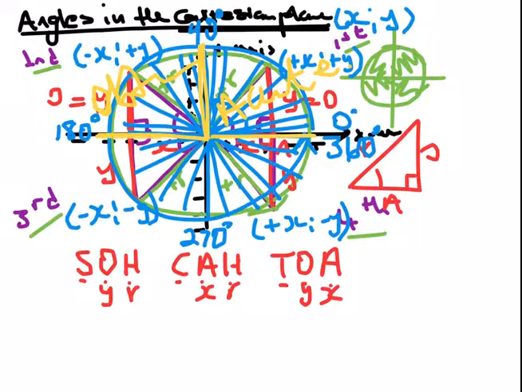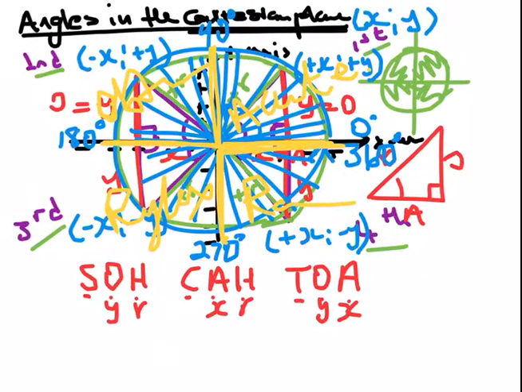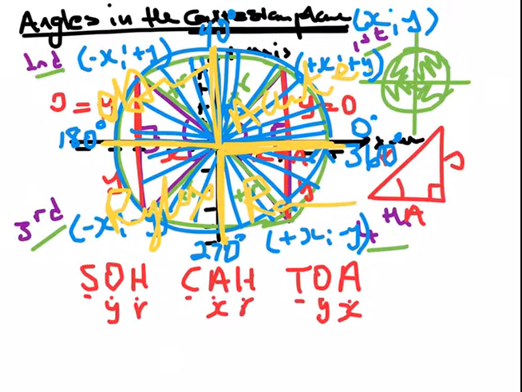What about between 180 and 270? I think it's reflex. Then what about between 270 and 360? Is it revolution? I think so. But otherwise, it's fine. And now we have our very nice butterfly there.